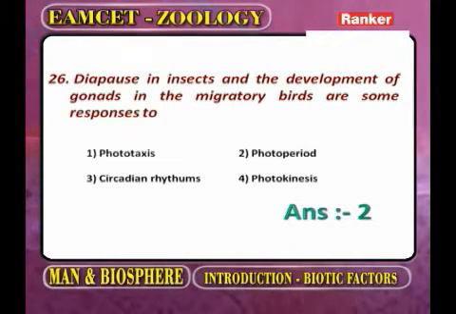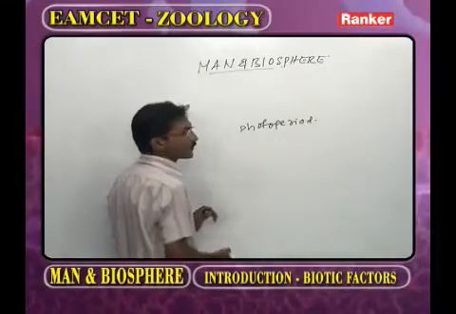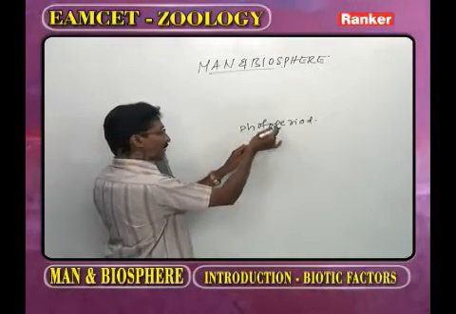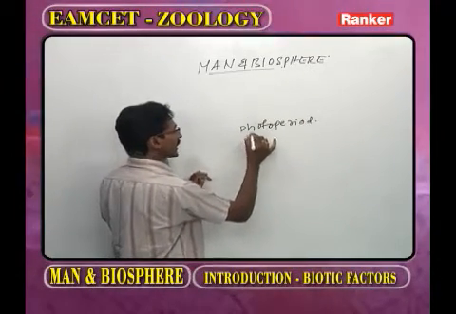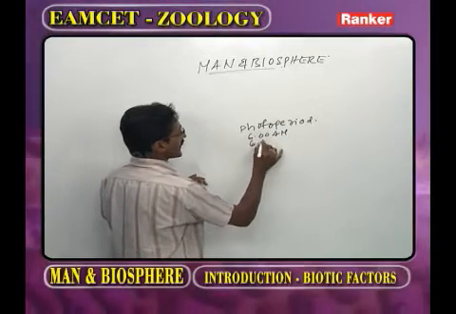Diapause in insects and the development of gonads in the migratory birds are some responses to. Now as we observe the photoperiod. What is meant by photoperiod? The availability of light intensity from sunrise to sunset.